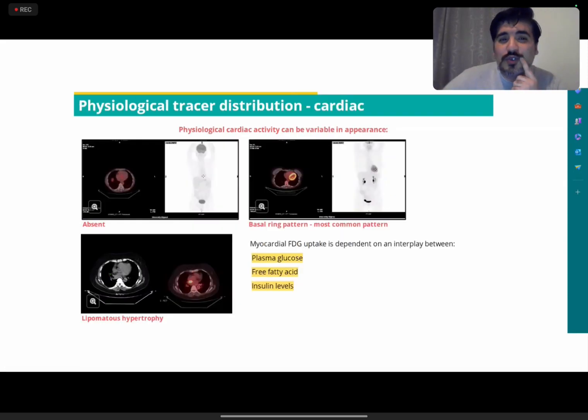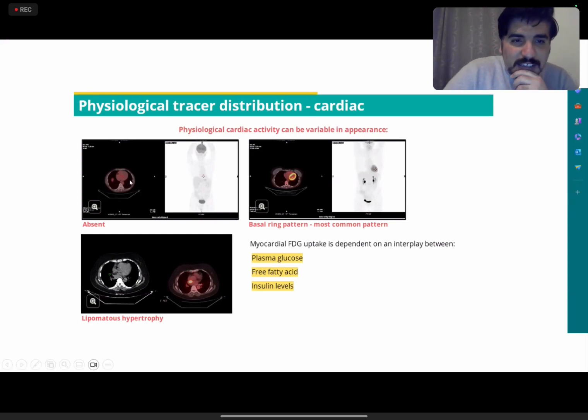Okay, you should know about the physiological uptake in PET CT scan. Some areas may show physiological uptake. For example, there can be an uptake in the interatrial septum. Sometimes it is due to fatty replacement of the interatrial septum due to lipomatous hypertrophy of that. So it can be avid on PET, but it is physiological. It is normal. That's why you have to look at the CT imaging as well before deciding everything on the PET scan.